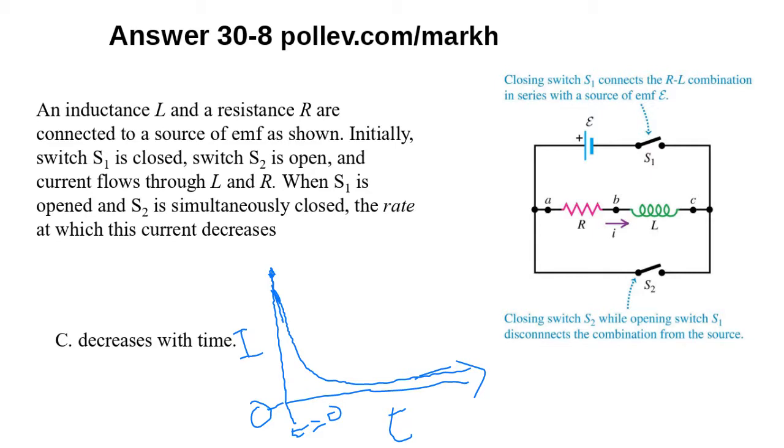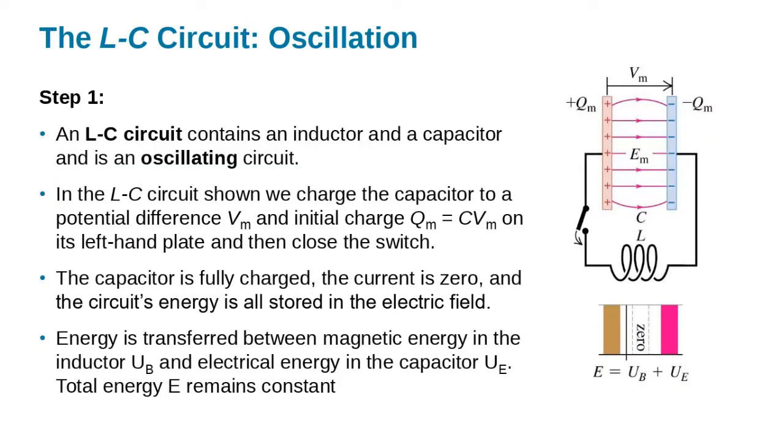So we've looked at the time response of inductors. Let's have a look at a really important type of circuit. A really important circuit in analog electronics is the LC circuit, a capacitor connected to an inductor.